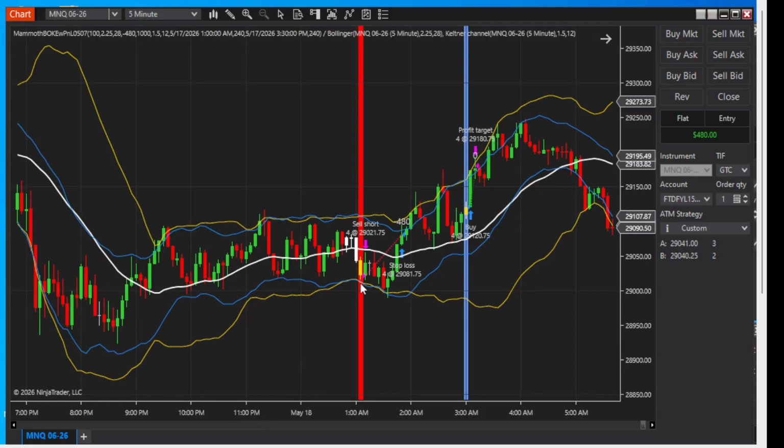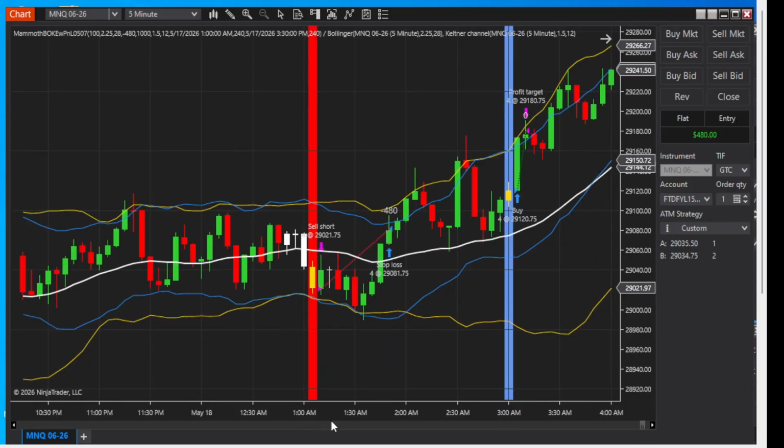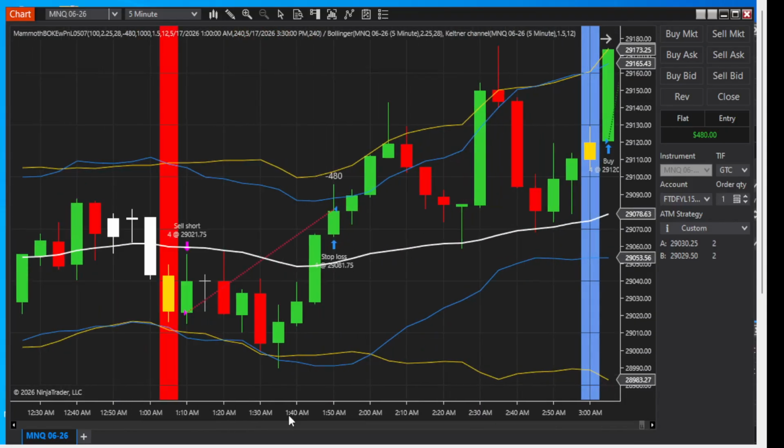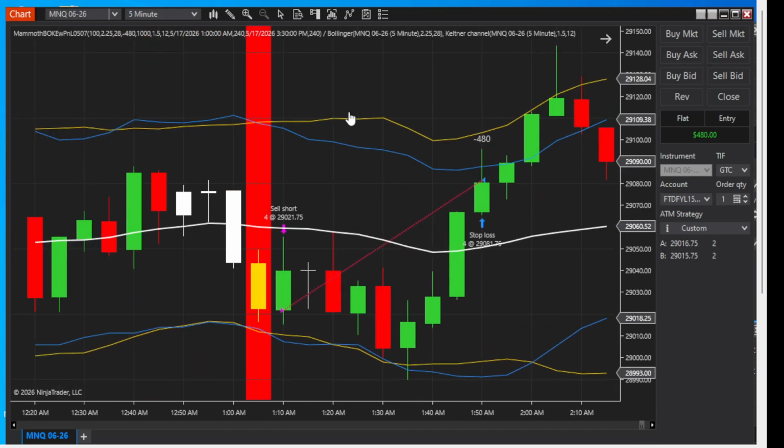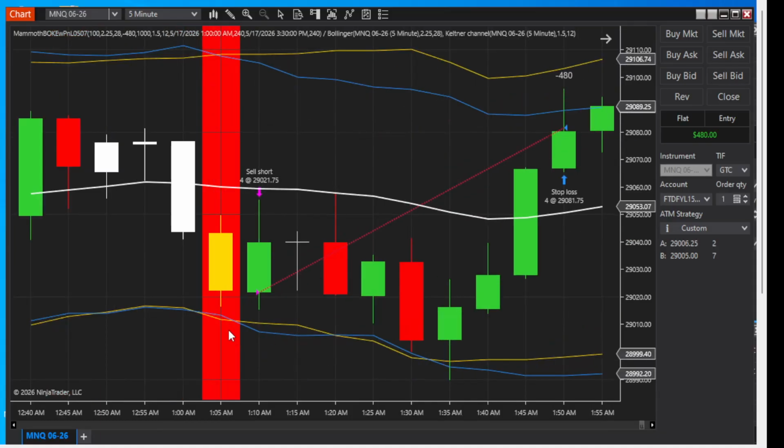But once one of the bands, let's say the lower band of the Bollinger, went through and went below the lower channel of the Keltner, which is right here, you can see the yellow line is below, and on this bar the close is less than the open.